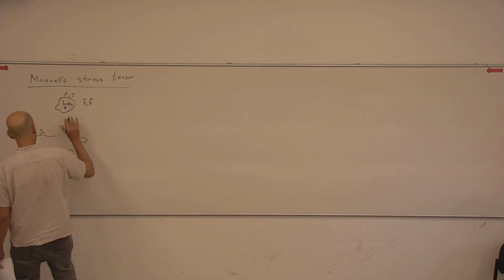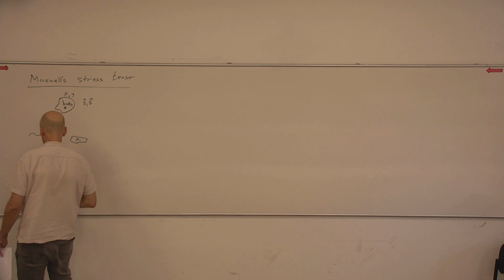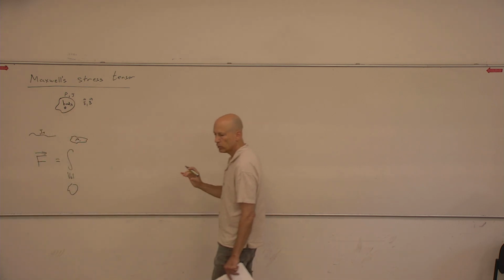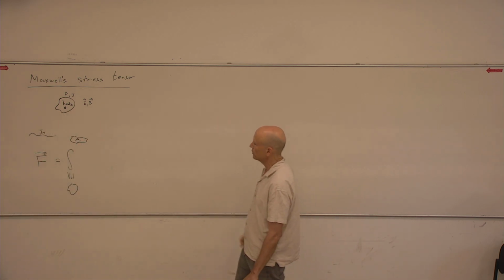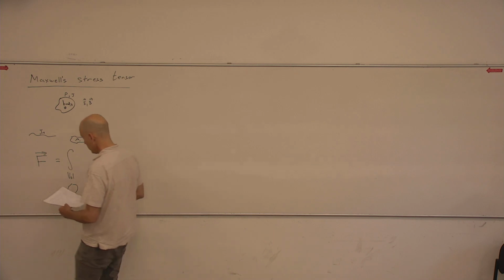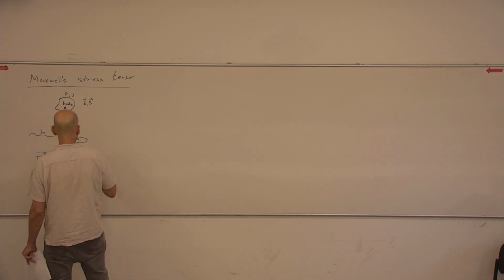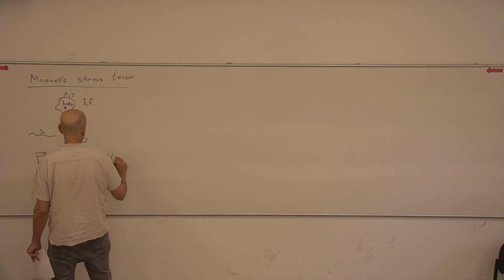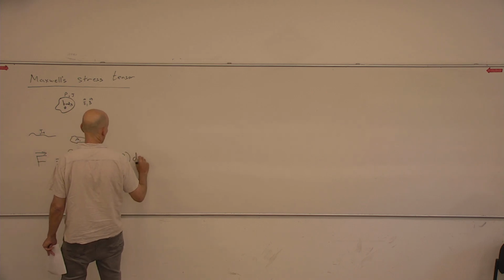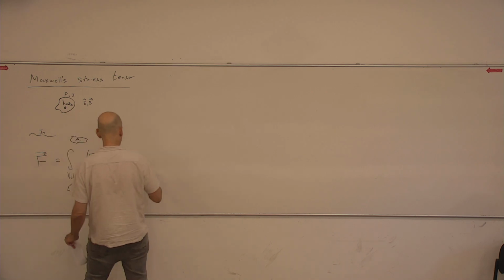What is the volume? The volume is this object, the body itself. I integrate over all the volume, and inside here I have E plus v cross B times delta tau times rho.